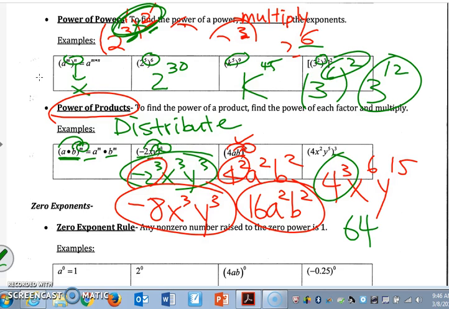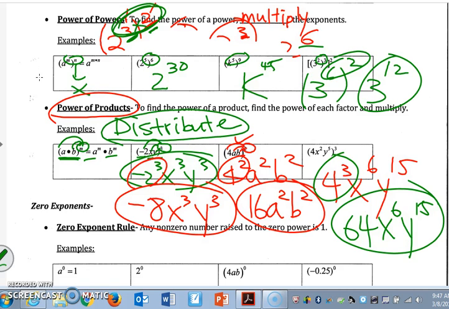Please do not do 4 times 3, 12. That's not correct. 4 to the third is 4, 4, 4, not 4 times 3. And then x to the 6, y to the 15. So you're done. So that's called power of products. So basically, just distribute, and when you have power and power, you just multiply. This is all multiplication.